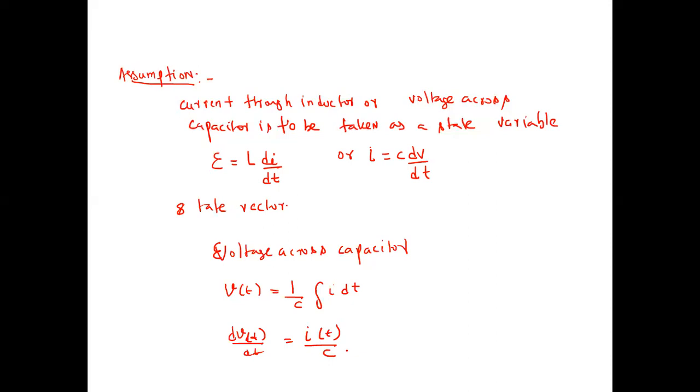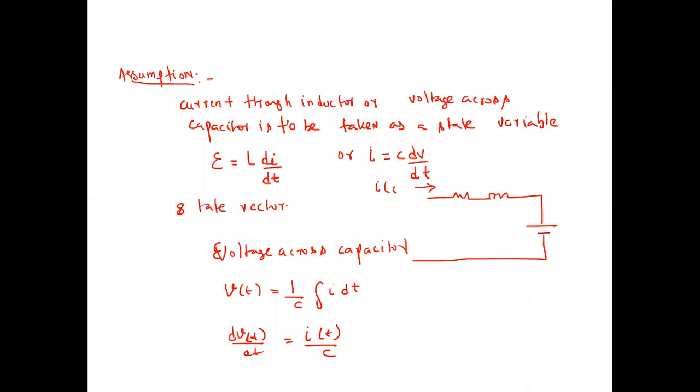Now what about the output voltage? If I consider a circuit like this, I have a resistor, an inductor, and a capacitor. So I have an RLC series circuit, and I want to write a state variable equation for this.